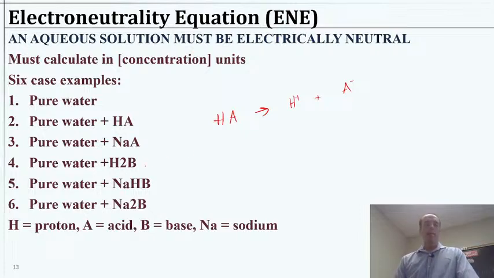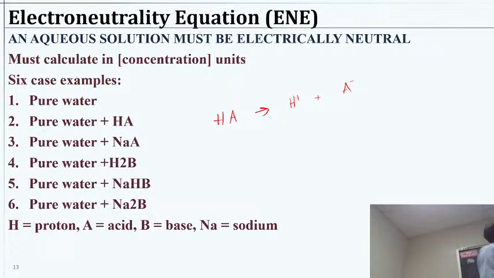B would be a base. So if we had any sort of base filling in there, we would see it that way. I think this is supposed to be too. So we'll see each of these examples and how these come into play. So anytime we're adding something like this, it's typically going to be either something like sodium, where it's a positive charge, or it's going to be something like A, where it's going to be something like Cl minus.